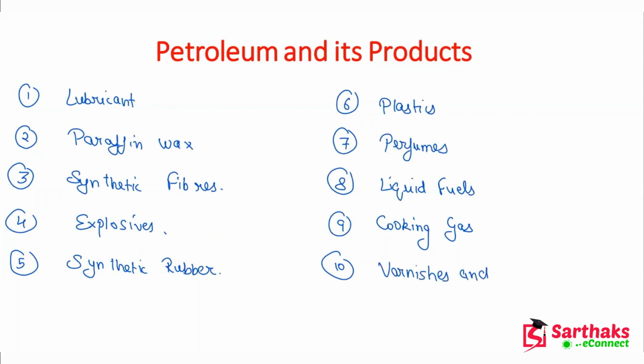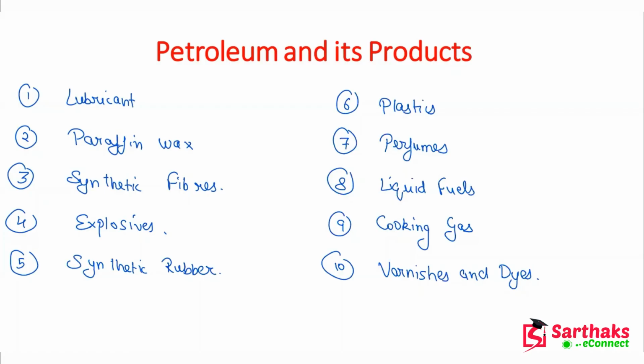I hope all the petroleum products are clear to you, what their uses are, and from this we can imagine how important petroleum is for us and how important it is to study its uses and its occurrence in nature.